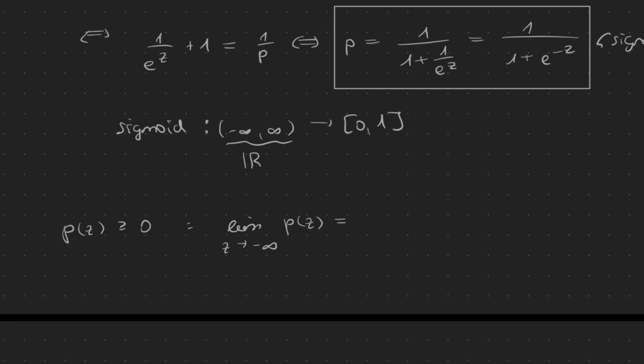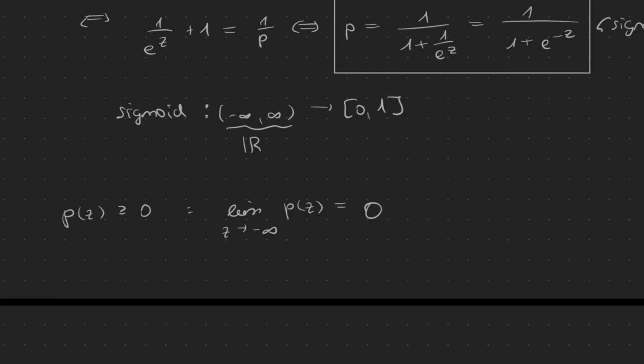What do we get? Well, we get 0, right? Because we have 1 over 1 plus e to the power of minus z, and if z is going to minus infinity, it cancels with the minus in the exponent, so it's positive infinity, and e to the power of positive infinity is a very large number, so 1 over an infinitely large number will converge to 0.